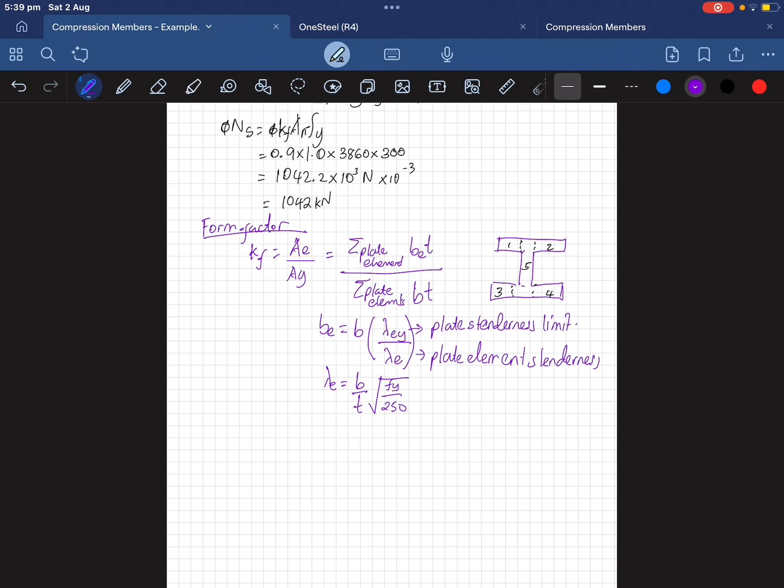So if B on T increases, lambda E also increases, and when lambda E increases here, what happens? This whole fraction goes down. And when this fraction goes down, ultimately your effective width reduces. And then when your effective width reduces, you're going to end up with a ratio here that's going to start being less than 1.